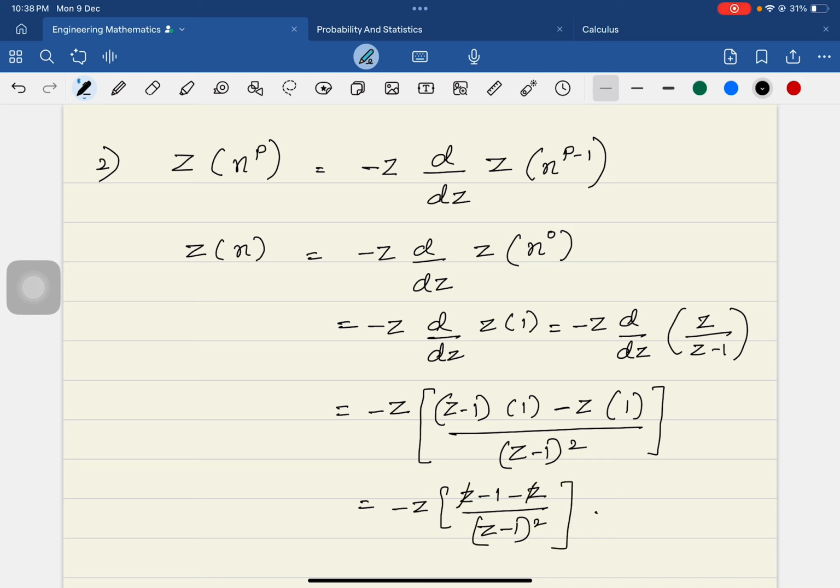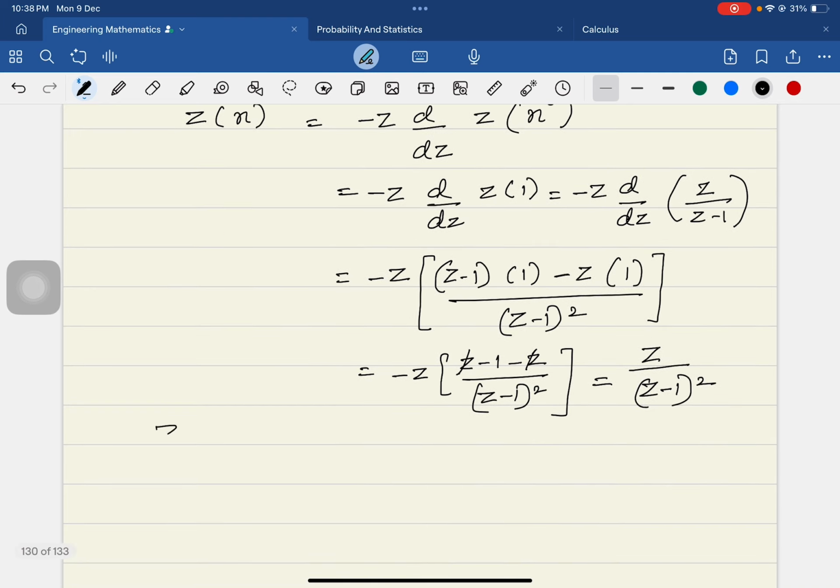The z gets cancelled. Minus z into minus 1 is z over z minus 1 the whole square. So what is your Z of n? The second property of Z transform is z over z minus 1 the whole square.